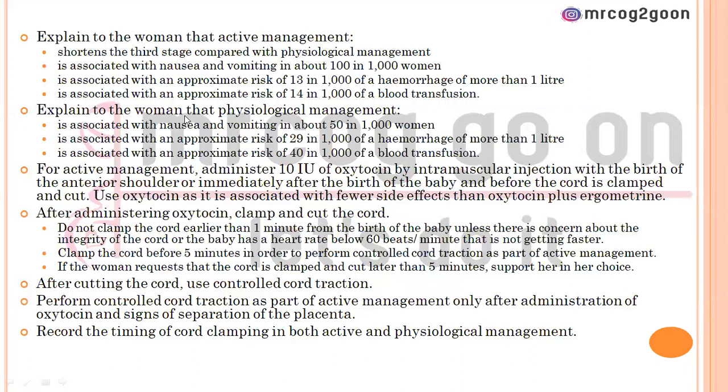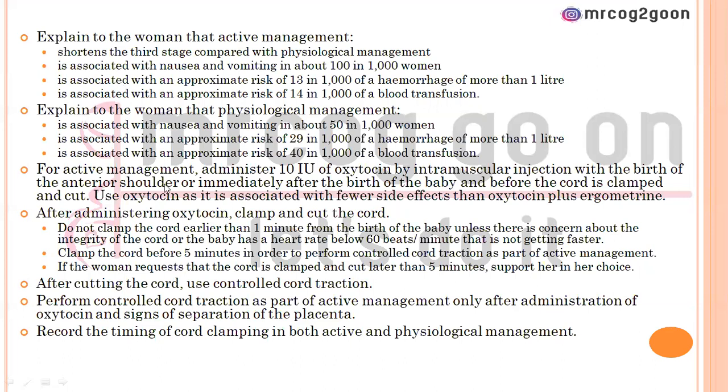This one is important. Explain to the woman that active management shortens the third stage, but the nausea here is 100 per 1,000, while for physiological it's 50. Approximate risk of hemorrhage more than 1 liter, 13 here, 29 here. Blood transfusion, here 14, here 40.